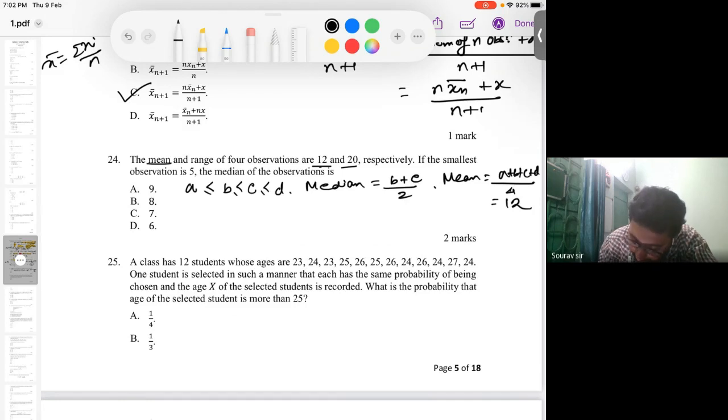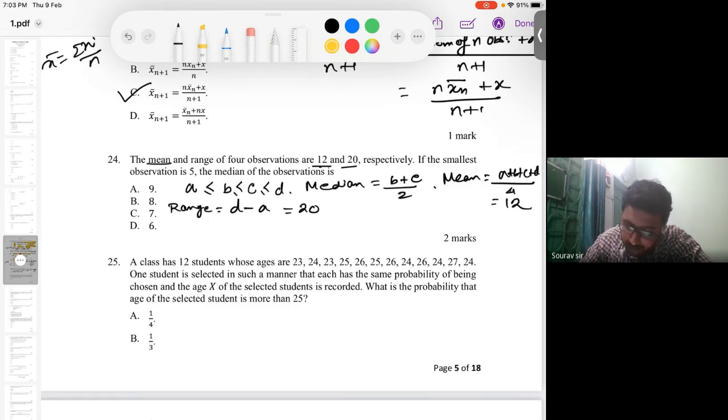And what is the formula of range? Range is nothing but the difference between the upper limit and the lower limit. So here the range is D − A, which is equal to 20. It is also given that the smallest observation is 5.